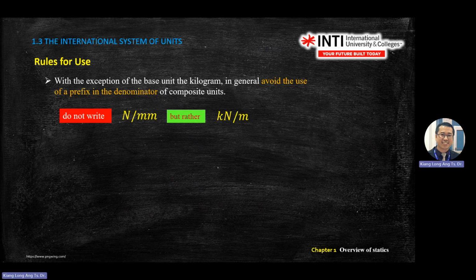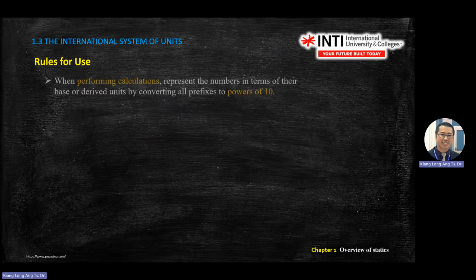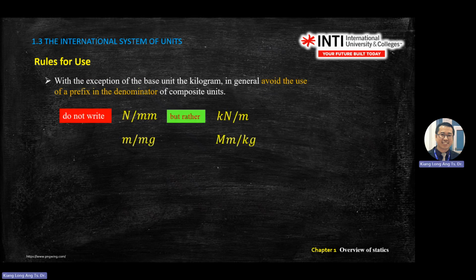So if you have this bad habit, then try to build a good habit to apply in your answer. Okay, so another one, for example, meter over milligram. So we want to put in kilogram. So convert milligram into kilogram, then do the correction in the prefix.